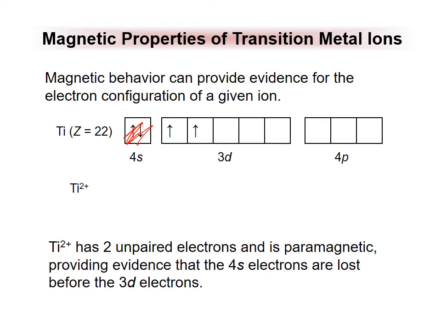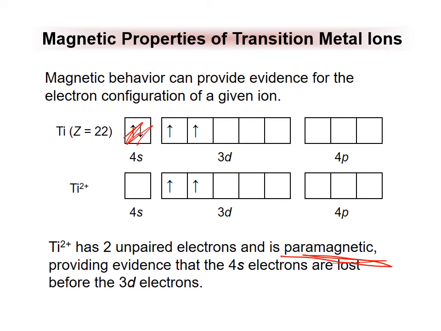Experiments show that titanium 2+ is paramagnetic. So that provides evidence that 4s electrons are lost before 3d electrons. So here is the correct electron configuration for titanium 2+.